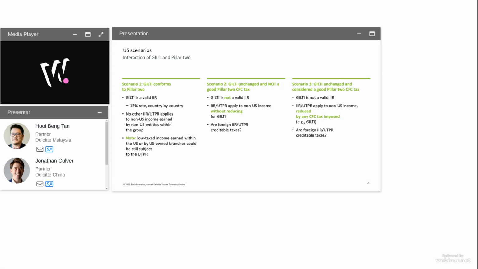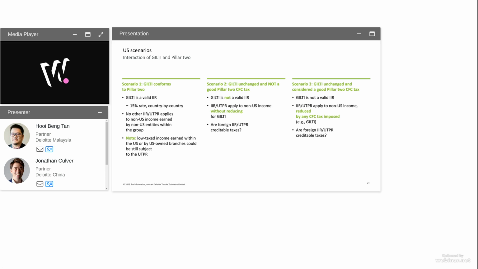The first scenario looks at whether the GILTI regime or the US would have a law which would be considered a qualifying income inclusion rule. That scenario doesn't look very likely, at least in the near term. The benefit of that is that if a country does have a qualifying IIR, then the subsidiary jurisdictions are essentially switched off in terms of a compliance or filing obligation.